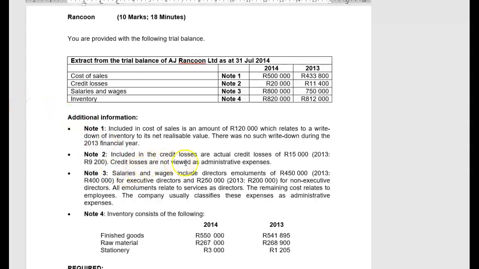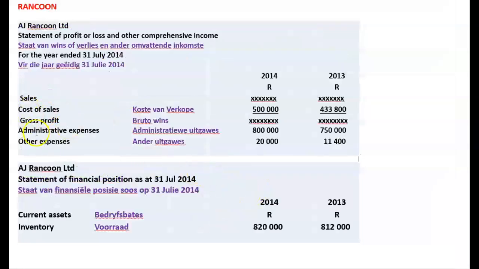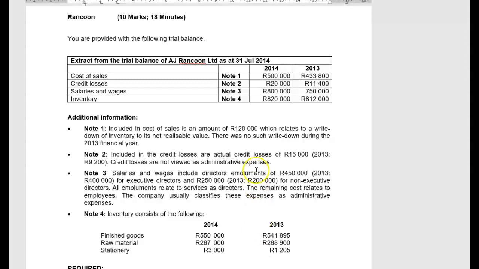Now, in this case, I say they are not viewed as administrative expenses, so we will classify that as other expenses. On the face, other expenses, 20,000 and 11,400 rand.